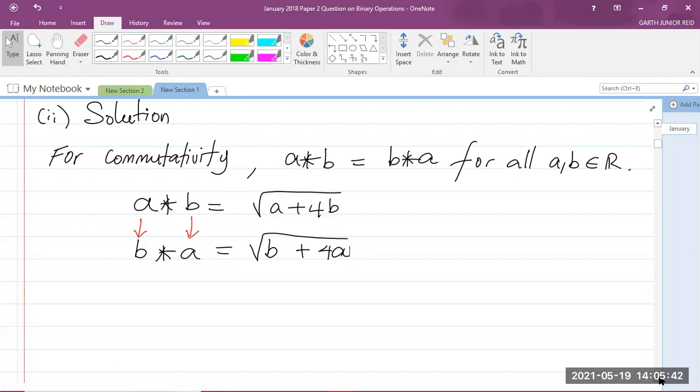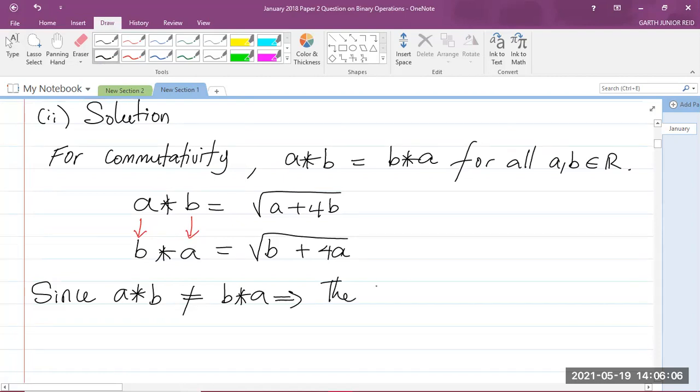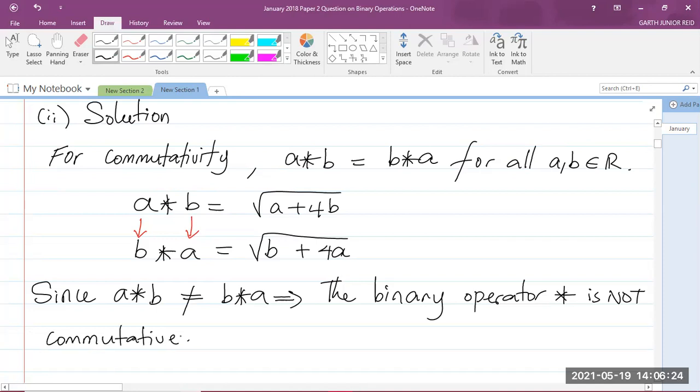No, it is not. Since A star B is not equal to B star A, it implies that the binary operator star is not commutative in the set of real numbers. That is my solution.